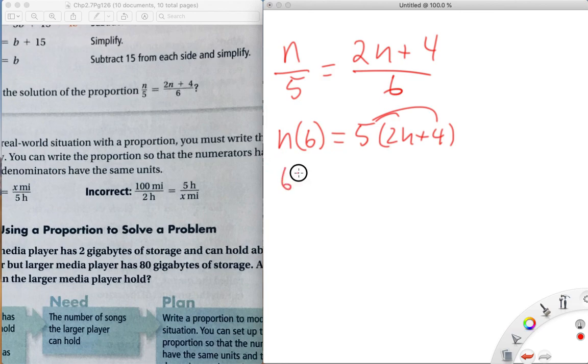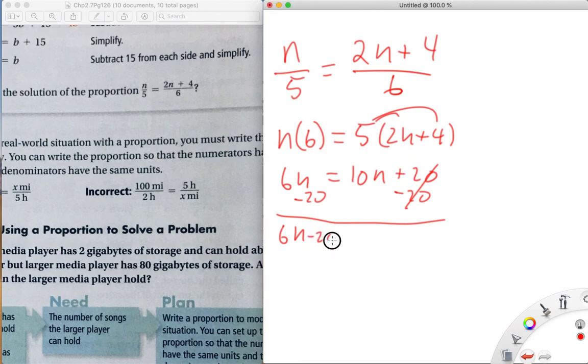So that's 6n equal to 5 times 2 is 10, 10n plus 20. I'm going to subtract 20 from both sides because I don't want to deal with negative n's. So that's going to be 6n minus 20 equals 10n.